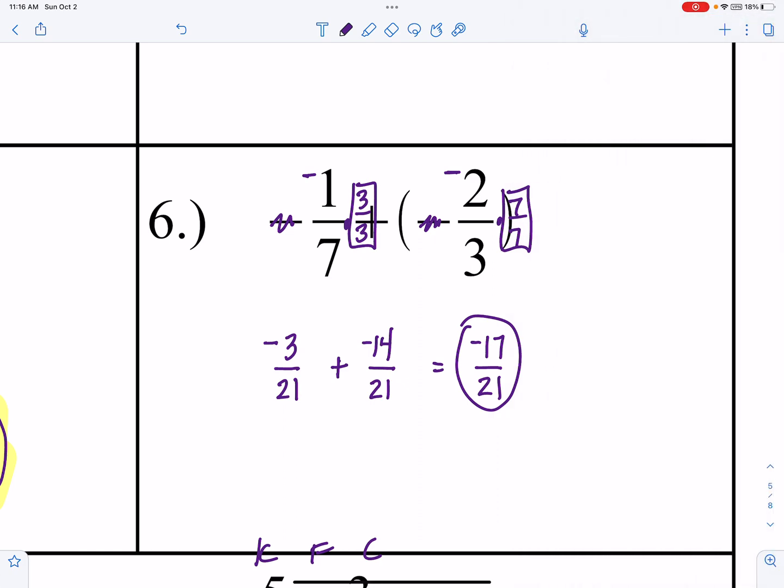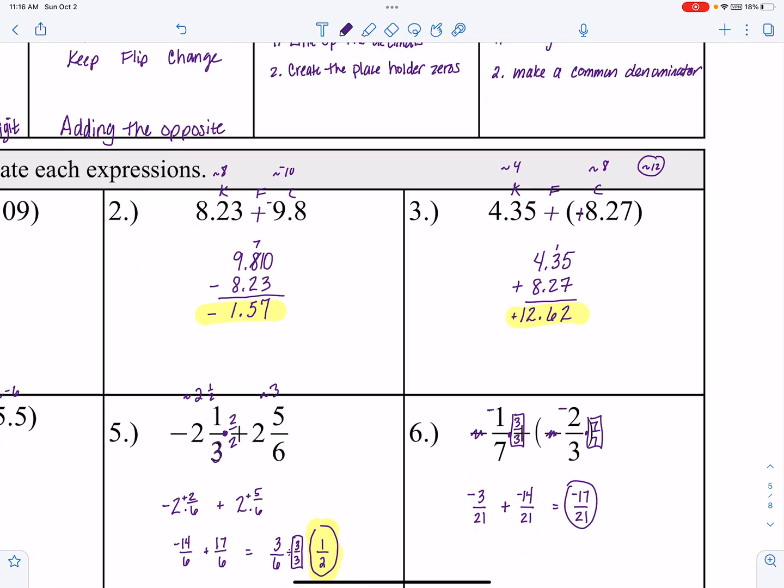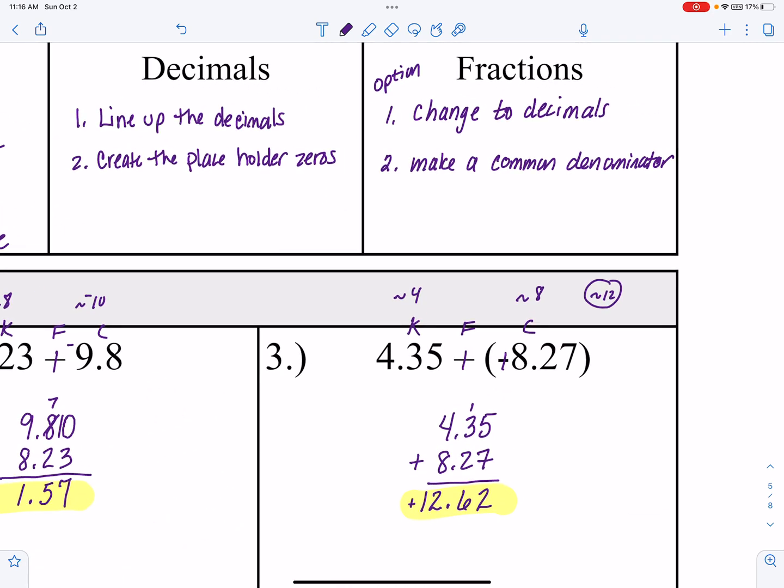So that brings me to this point. Let's head up here, and I want you to be aware of something with the fractions, okay? So with fractions, you cannot change them to decimals if they are repeating decimals, okay?